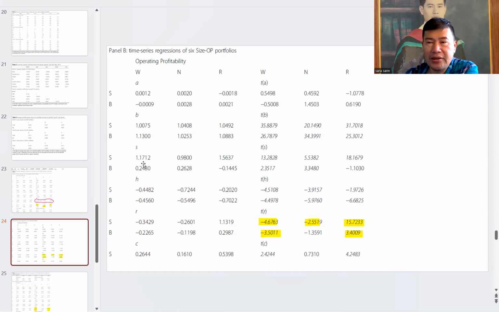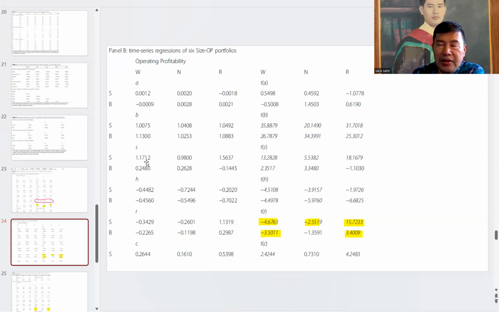And what about the S? S means the size related to return on equity, right? Because this is the return on equity.